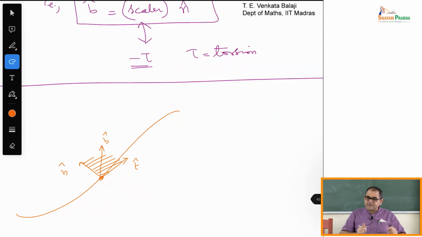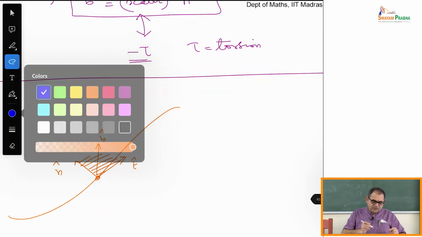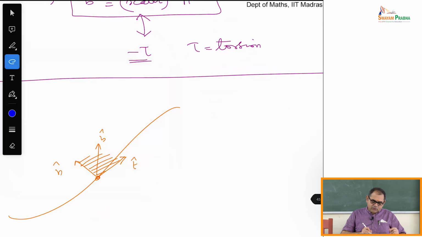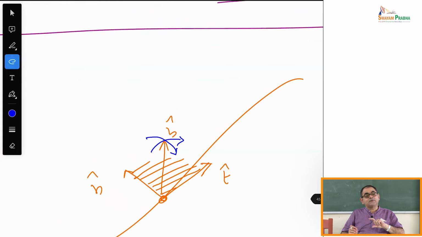So you can imagine, just for the sake of a picture, the following thing. What you could have is that it could be rotating like this, which means it's rotating with an axis which is parallel to the normal. Or it could rotate like this, which means it is rotating with an axis parallel to the unit tangent direction.